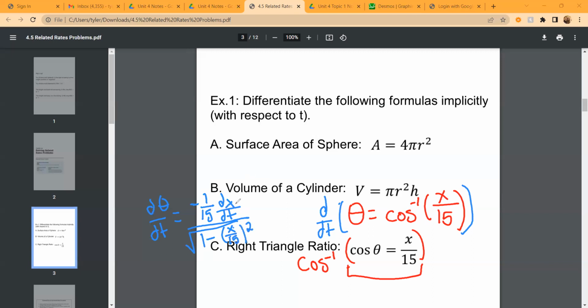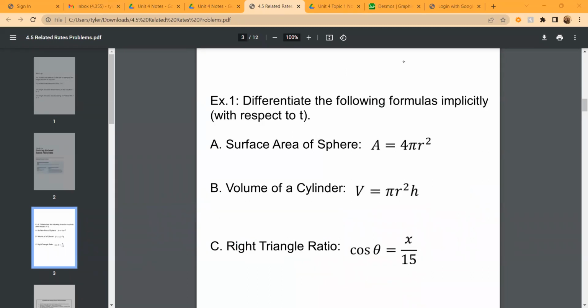So we can see that while this is still super ugly and gross to deal with, in this case, we only need x and dx dt. We don't need that additional piece of what is your sine of theta. So that's a little bit nicer to deal with, but sometimes the equation's a little uglier.